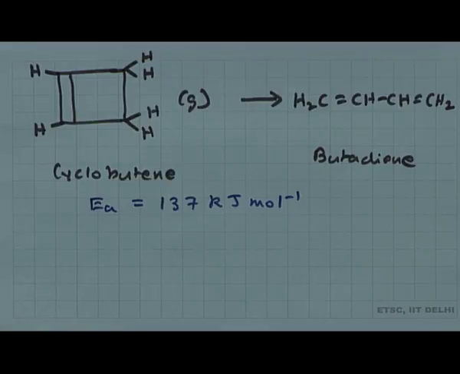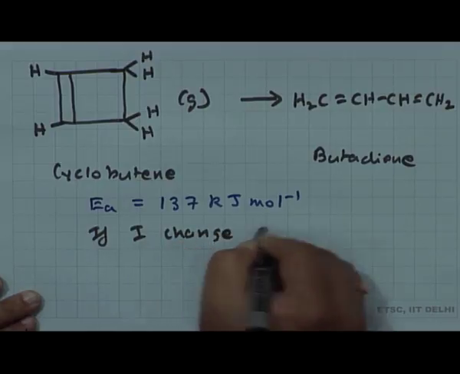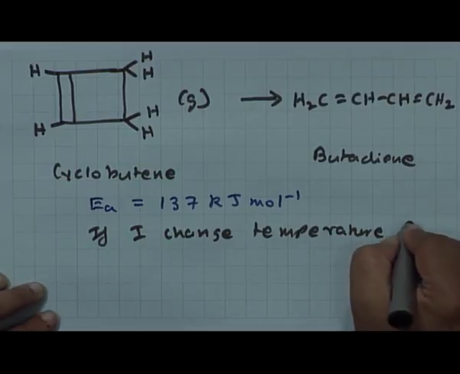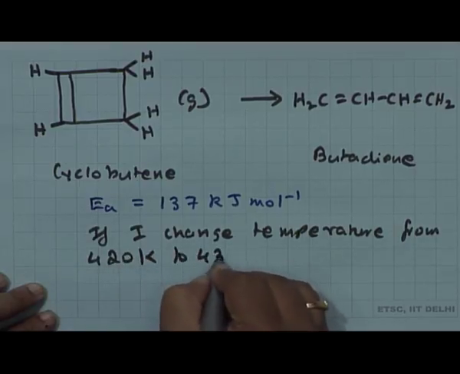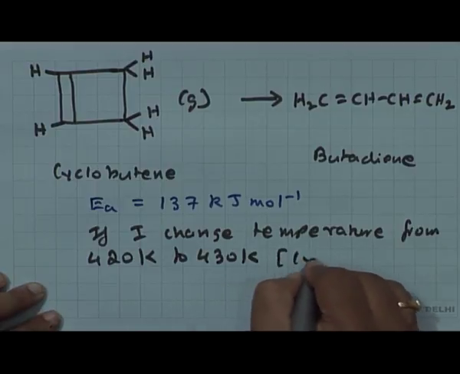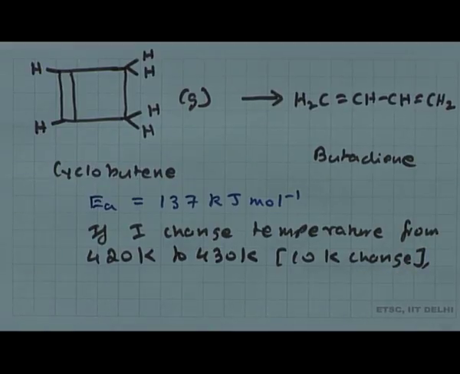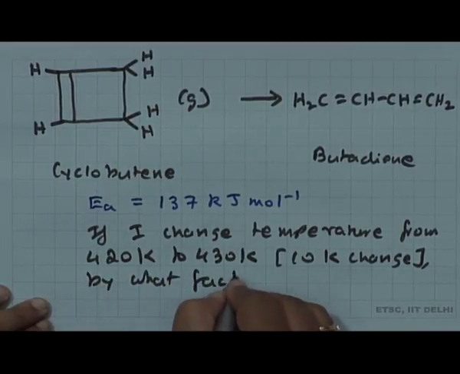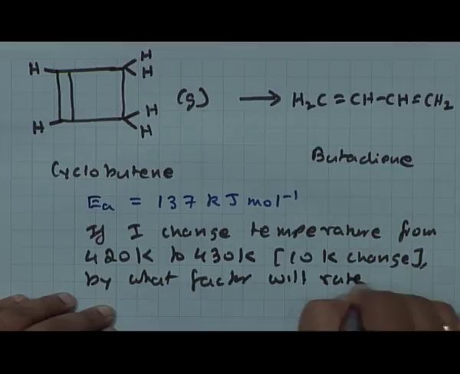What you are also told is, or what you are being asked now, if I change temperature from 420 Kelvin to 430 Kelvin, that is a 10 K change, by what factor will the reaction rate increase?